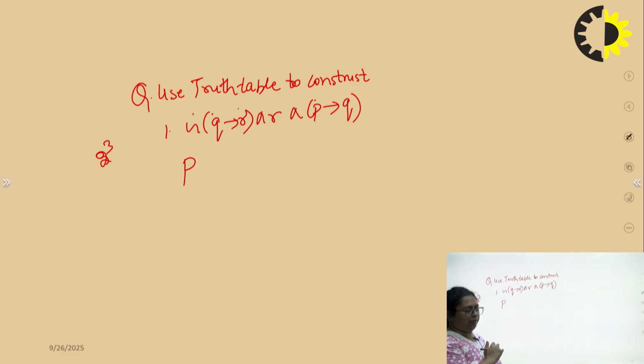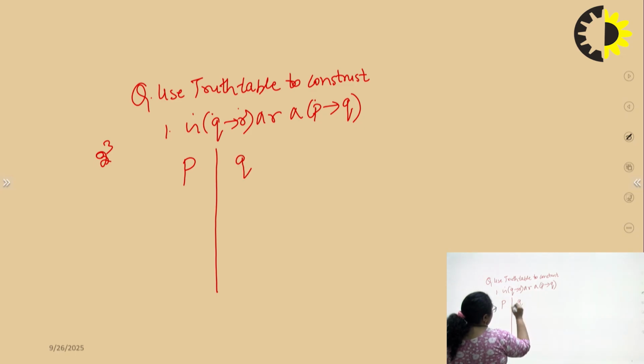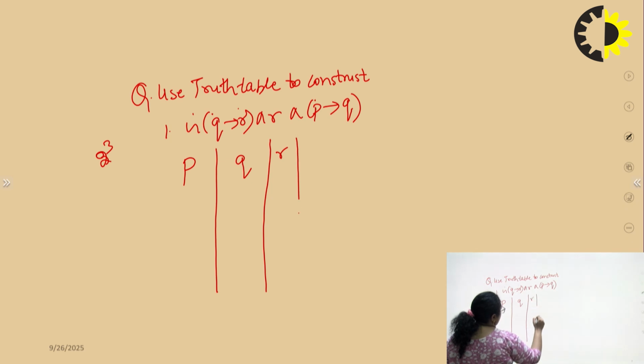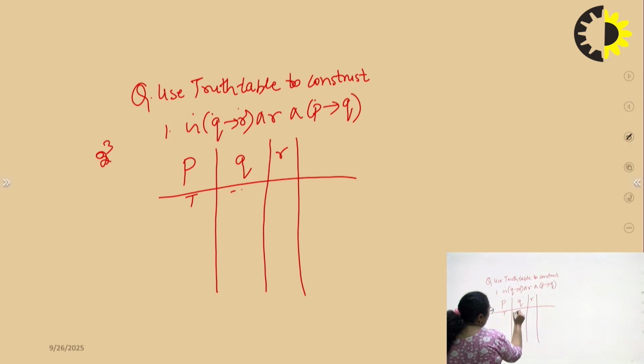The number of cases will increase. So if we have all true values, let us make a truth table for it.